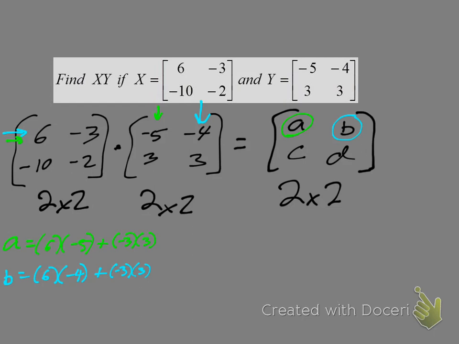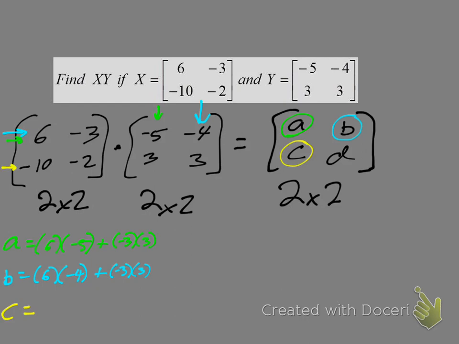Since you are out of this column, we're done with B. We're moving to C. I'm going to circle it in yellow. C is in which row? Second row. So in the first matrix, we're going to move to our second row. It's in which column? First column.